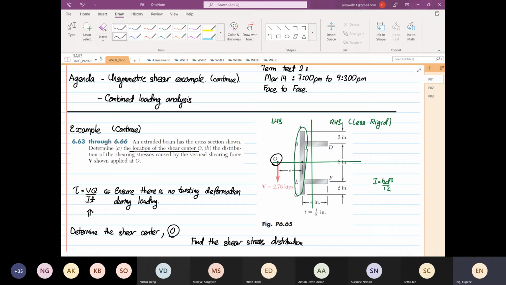Where I want to continue is we are going to look at the distribution. We're going to find the distribution of the shear stress caused by the shearing force applied at O. O means it's at the shear center, where it's applied at O. There is no twisting. Twisting is equal to 0.